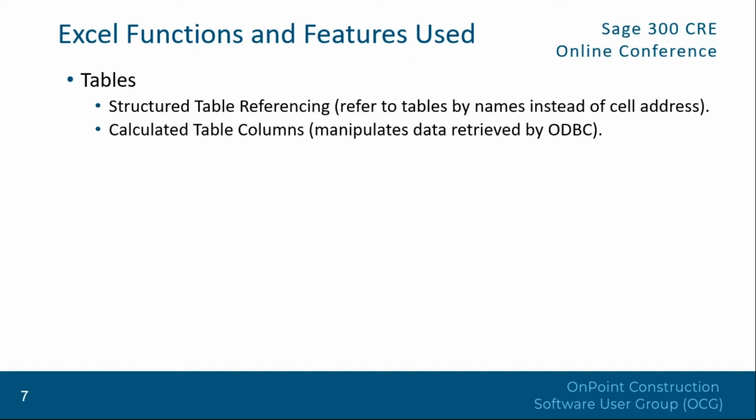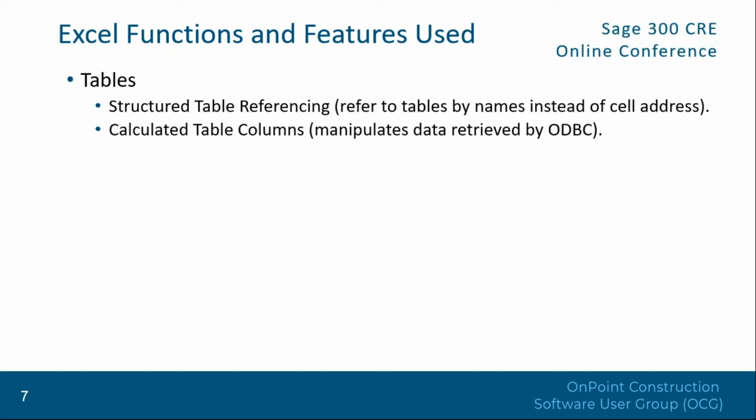Okay, and starting with Excel 2007, when we link data to Sage and we bring it into Excel, it embeds that link in an Excel table. Now, if you've never worked with an Excel table before, a table is like a range on steroids.